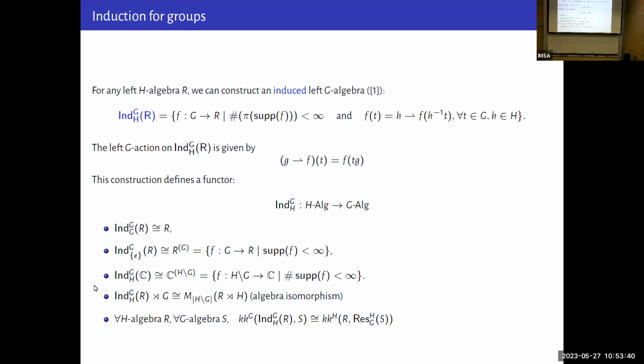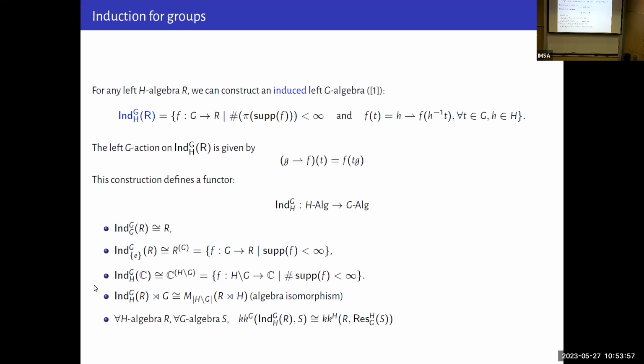Another interesting property is what happens if we take this algebraic cross product. Now we have a left G algebra. We take this algebraic cross product. Well, this new algebra is isomorphic to an algebra of matrices.